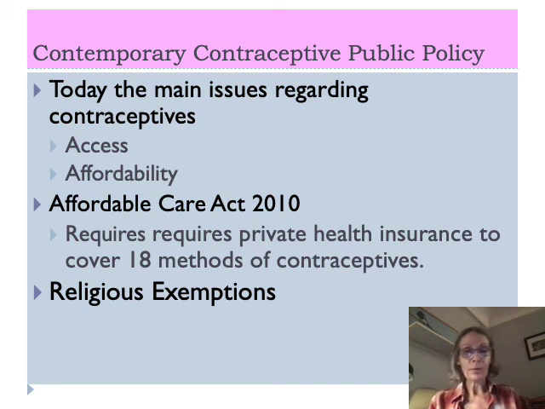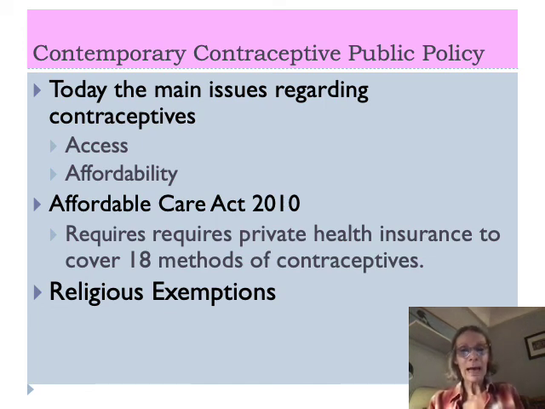However, there's been some pushback on the essential healthcare benefits of the Affordable Care Act. The Trump administration and the Republicans in Congress at that time tried to get rid of the essential healthcare benefits, but they weren't successful in doing that. There have been requests for religious exemptions.